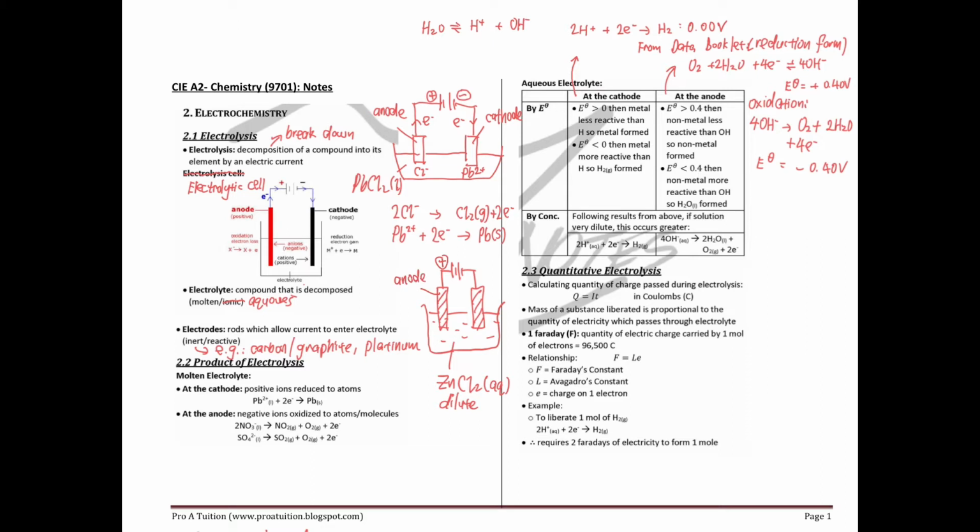The negative terminal is on the right, so that electrode is the cathode. Cathode is negatively charged, anode is positively charged, so anode attracts negative ions. The negative ions available are chloride, Cl minus, and hydroxide.